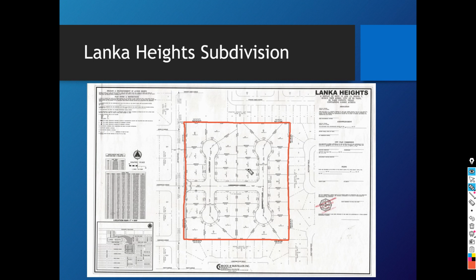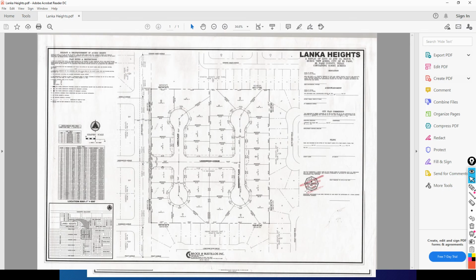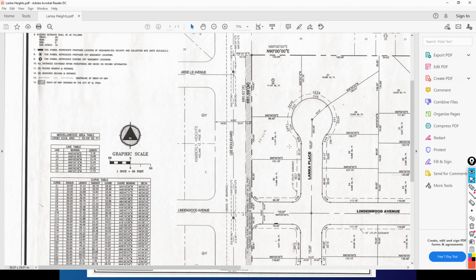So to get even further in here, all of this whole area is block 1. How do I know that? Because if I zoom into the subdivision, and I might have to switch over to my subdivision exhibit, which is this one, so I can zoom into it, you can kind of see that all around the subdivision, we have this little number 1.